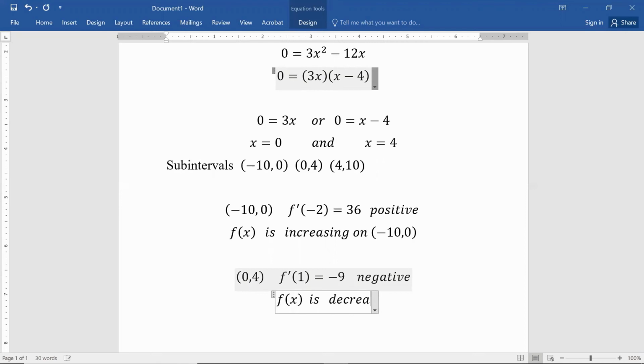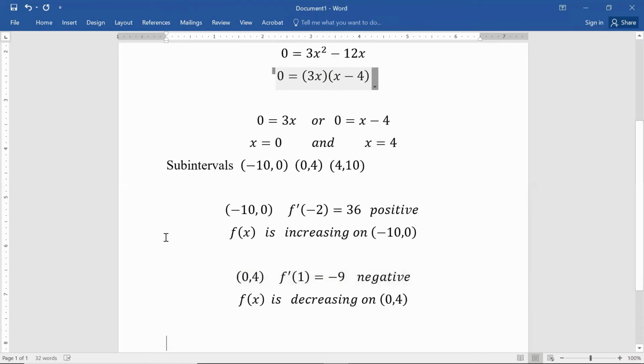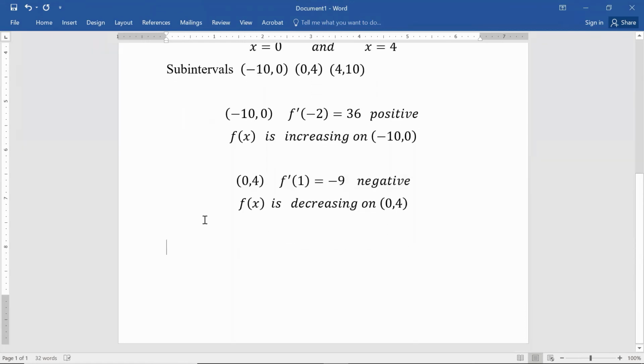So the original function f of x is decreasing on the interval from 0 to 4. Let's look at the last interval. The last interval is from 4 to 10.